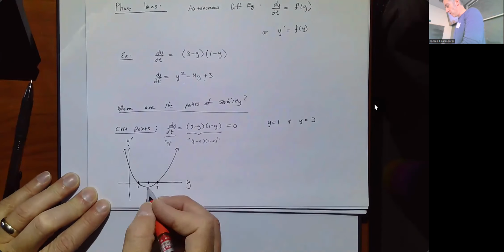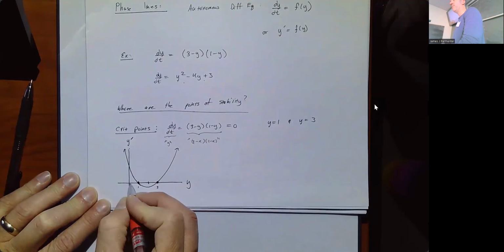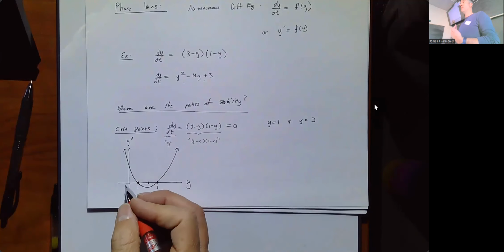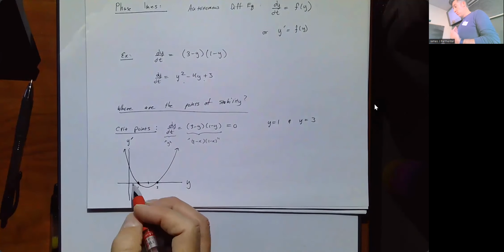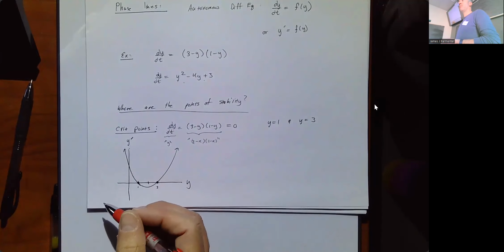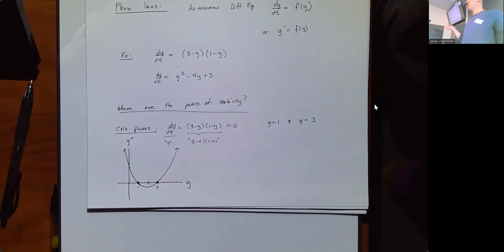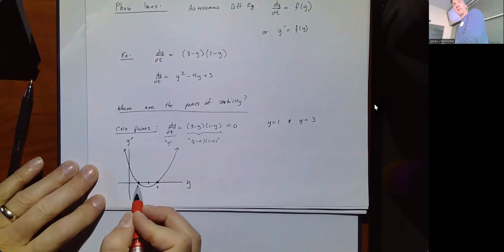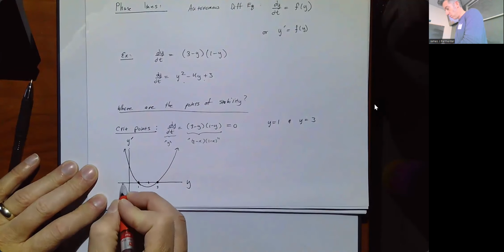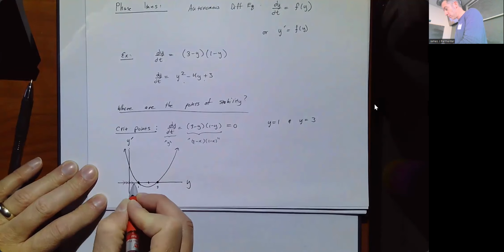Well, here's the deal. To the left of 1, so if y is less than 1, y prime is positive. If the derivative is positive, that means y is increasing. So over here, when y is less than 1, y is getting bigger.